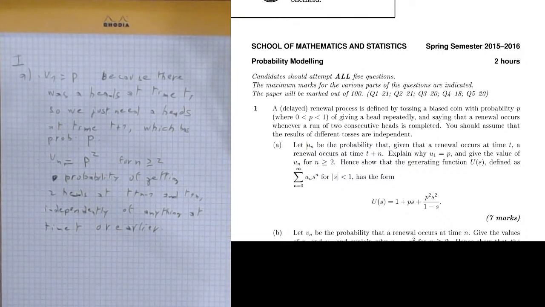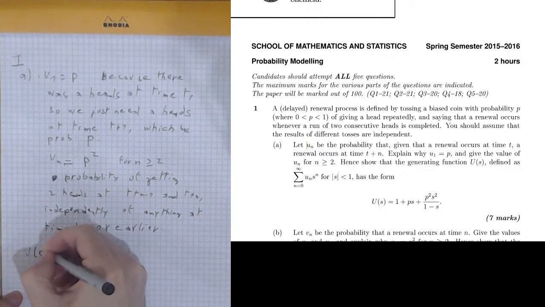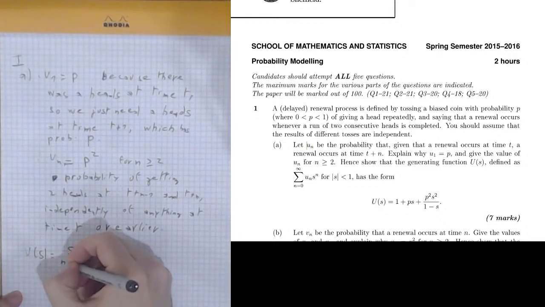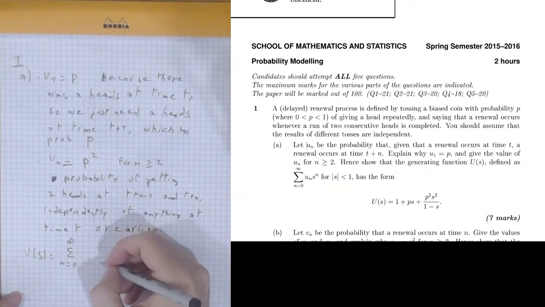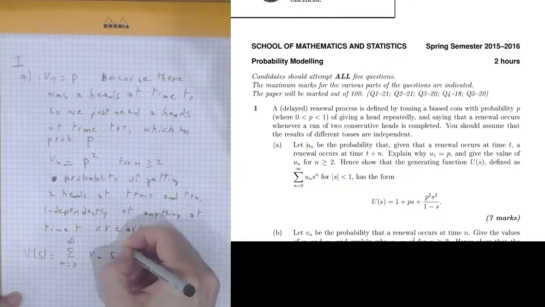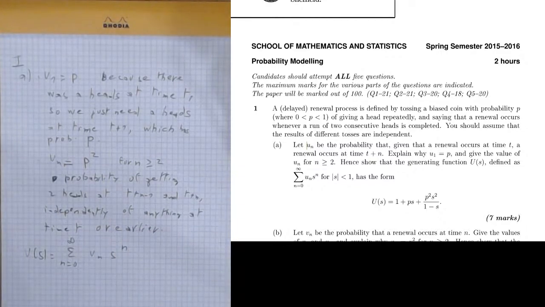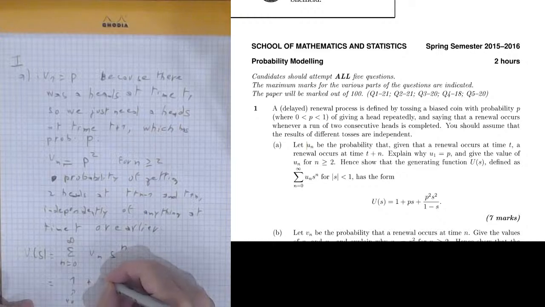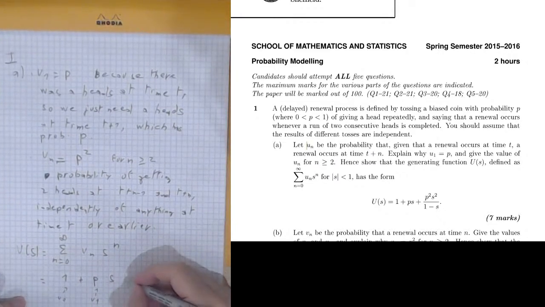And then show that the series has this form. Well, you just go ahead and do it. U(s) is the sum for n equals 0 to infinity of u_n s to the power n. And we've said u_0 is equal to 1, u_1 is equal to p, and then after that they're all p squared.